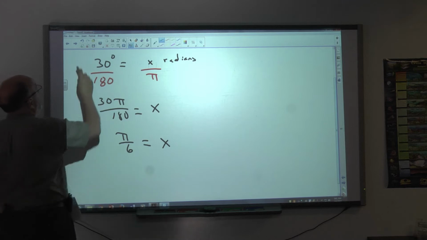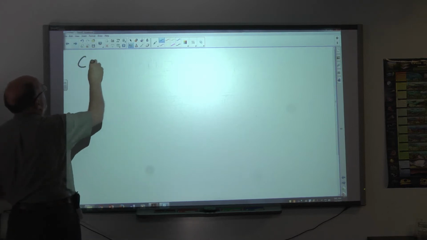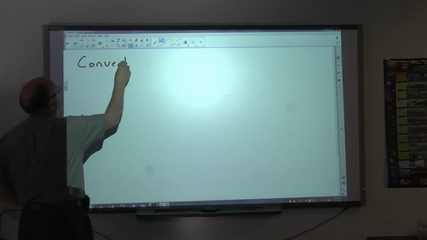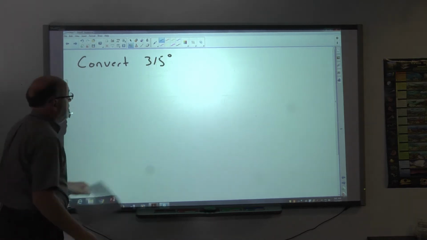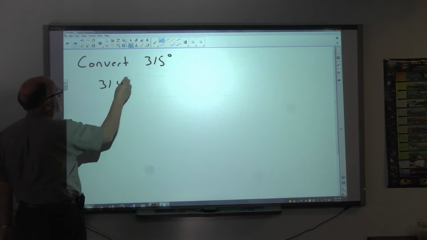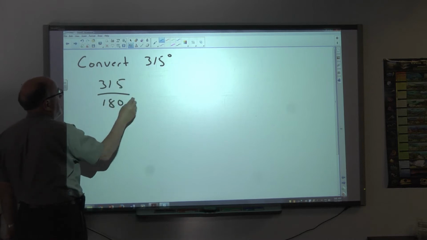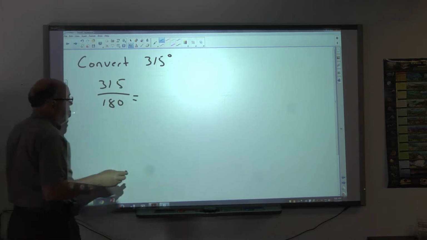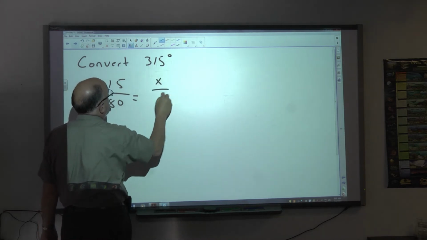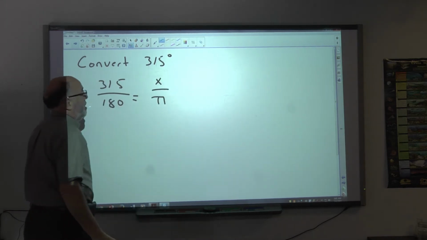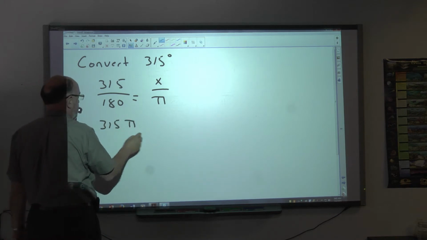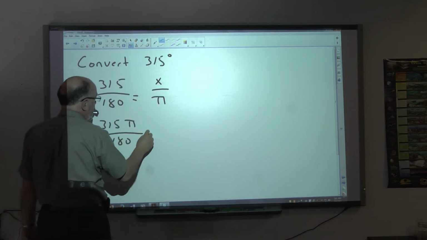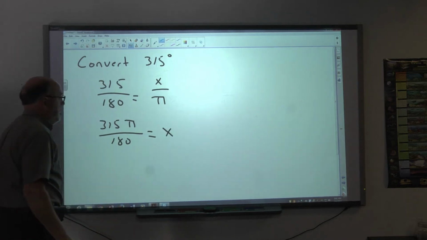Okay. Another example. So let's say we want to convert 315 degrees to radians. So 315 over 180 is going to equal x over pi. Again, solve for x, so we get 315 pi over 180 is equal to x.